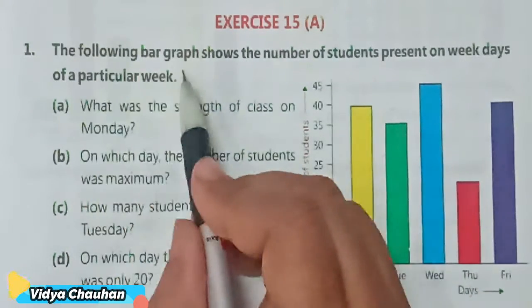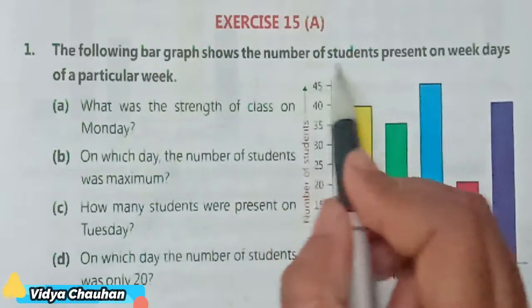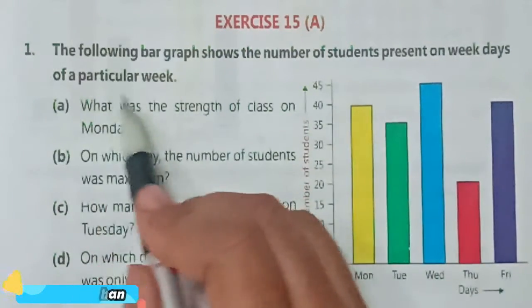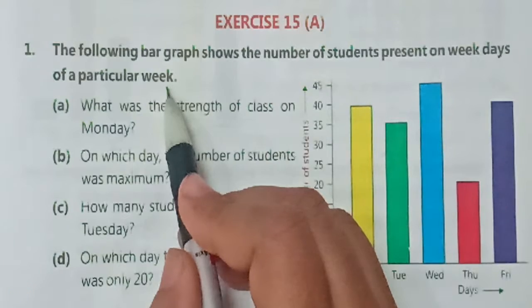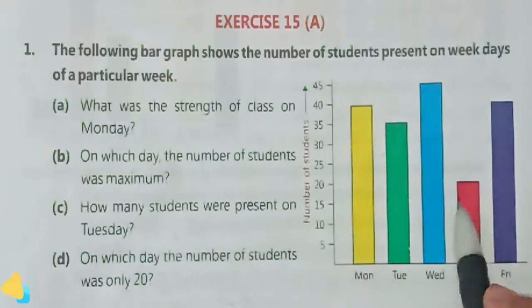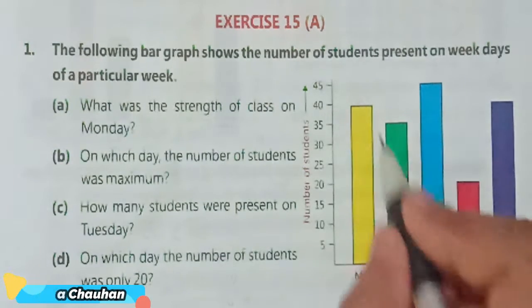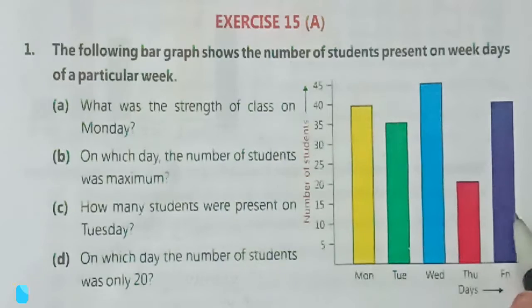The following bar graph shows the number of students present on weekdays of a particular week. So what is this bar graph actually showing? It is showing the number of students present on the weekdays of a particular week. That means in a class, how many students are present on that particular day?